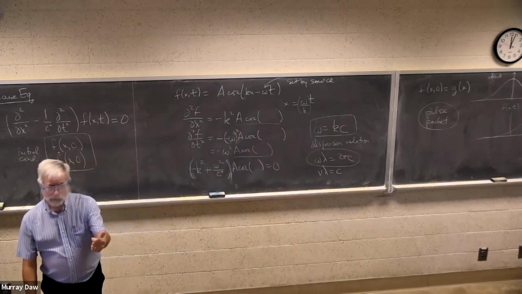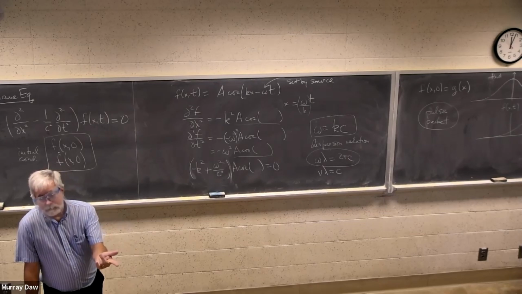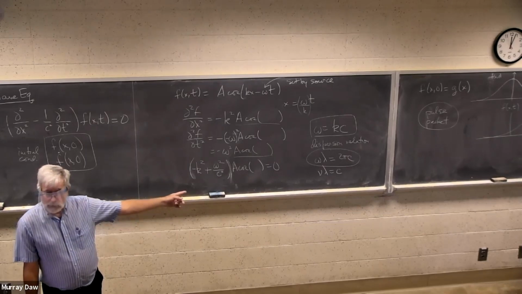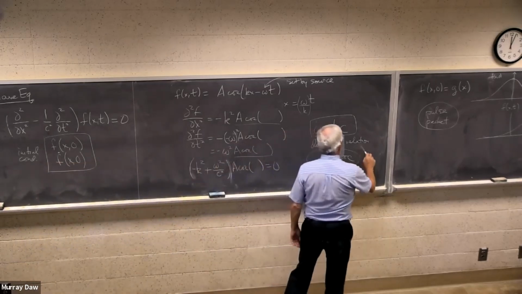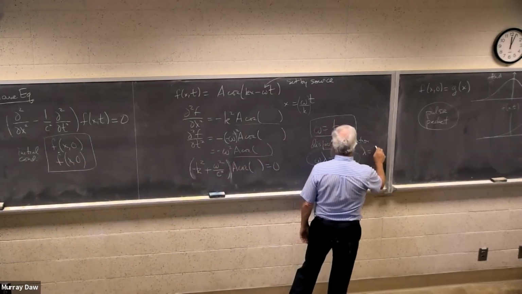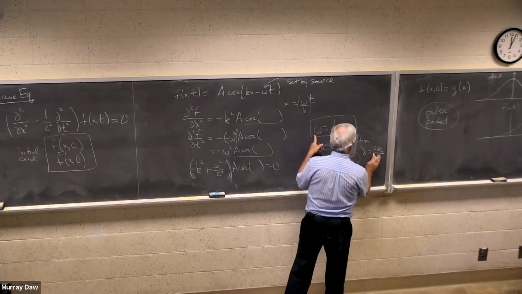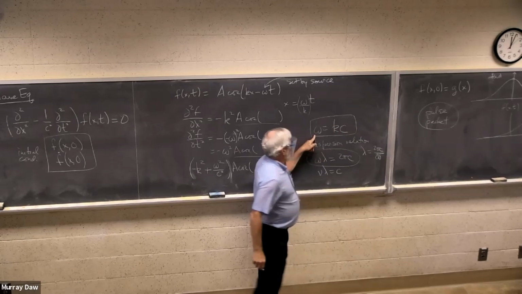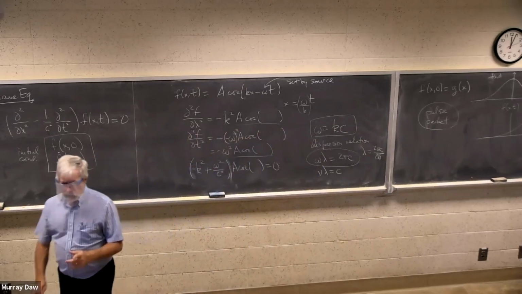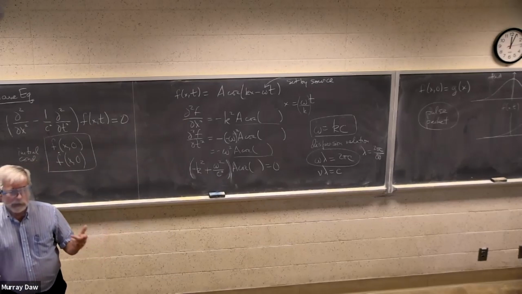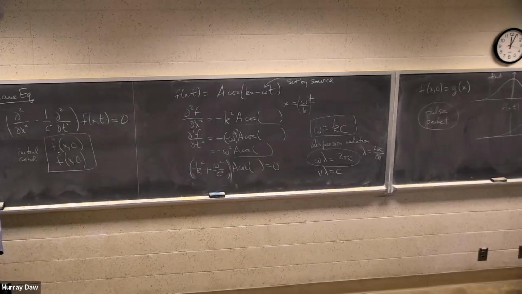So the frequency is set by the source. The wavelength is set by the medium through the speed. Right? Lambda is going to be 2 pi c over omega. So lambda is determined by the speed of propagation in the medium and the frequency of the source.